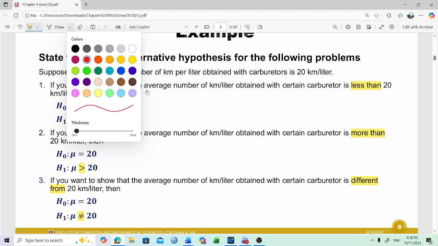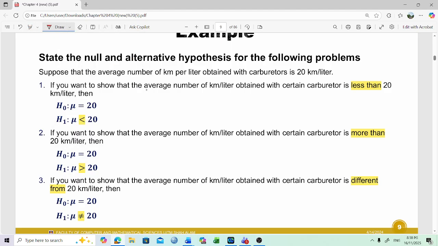If you see here, all the null hypotheses use the equal symbol for these 3 examples. It means that the symbol only changes for the alternative hypothesis. The null hypothesis will be the equal symbol and the value is similar. So this is how you identify or determine the correct symbol used for the alternative hypothesis.